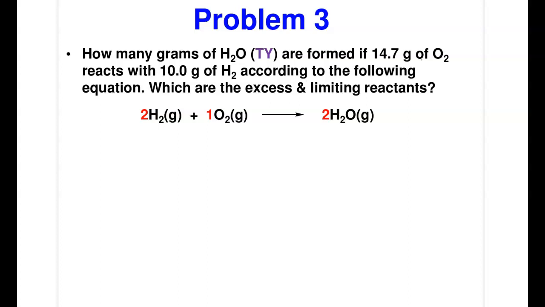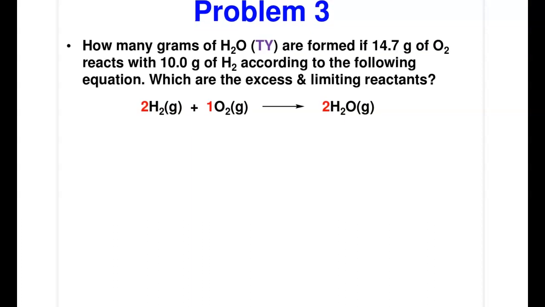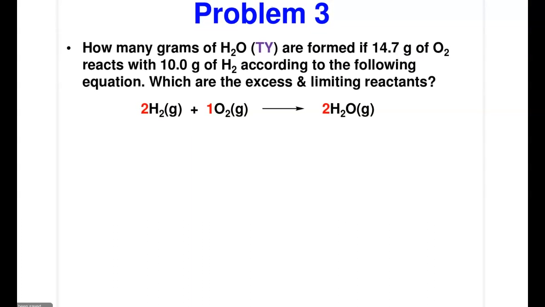So first of all, we start with the first ingredient. The first ingredient we have there is oxygen. So we're going to start with that ingredient. I'm going to use my green, I like using my green.